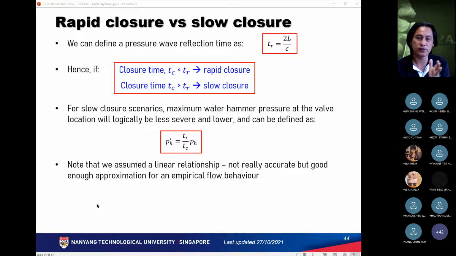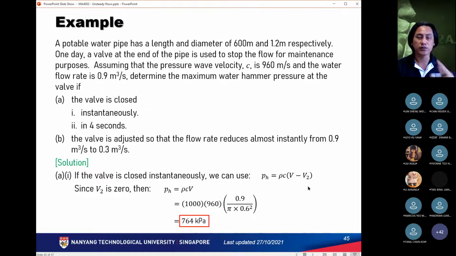But for empirical flow behavior such as this, an estimate based on the linear relationship is often good enough, or at least it gives us the order of magnitude. Quite close.